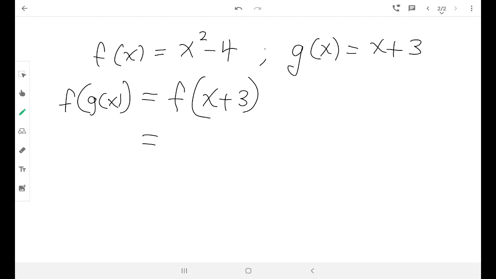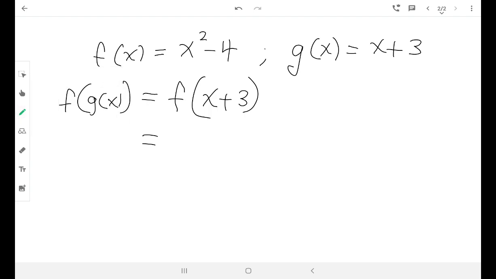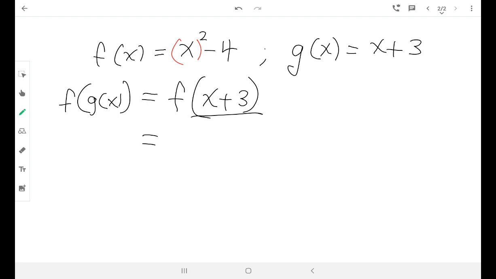So then, and let me show you in red again, the trick to doing it from here is that you go up to the original f, you put parentheses around every instance of x, and then you replace those parentheses with these ones. So instead of writing f, I'm going to write this, but right here, I'm going to write this in parentheses.